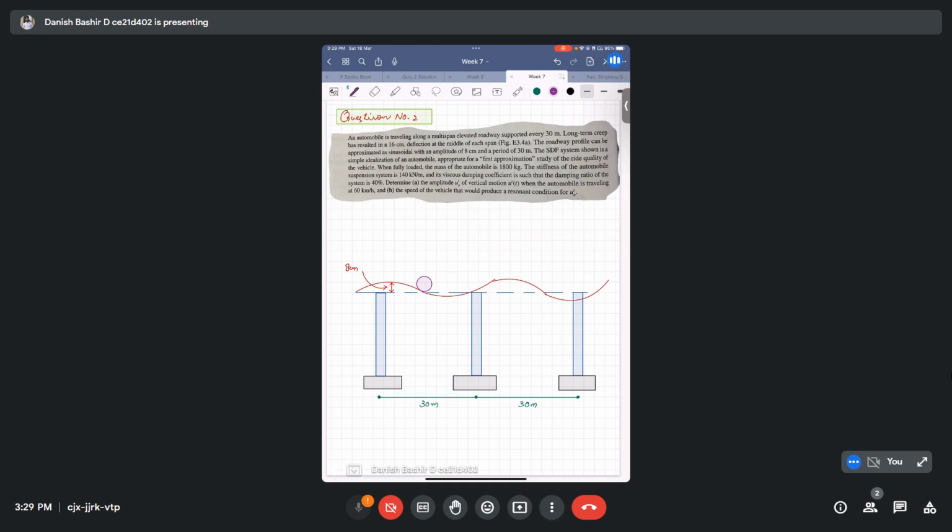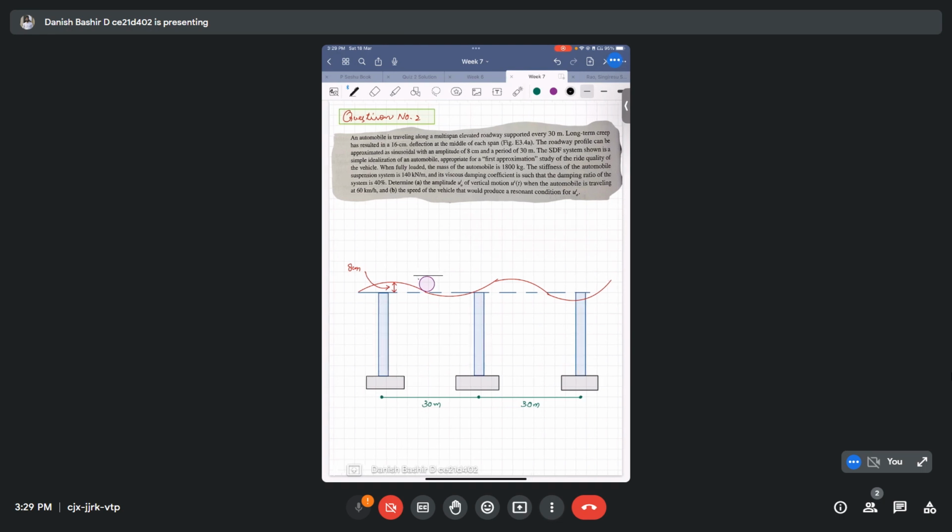And we will mount this tire to a single degree of freedom system platform like this. It is the basic mathematical representation of a single degree of freedom system, which has damping and stiffness like this.